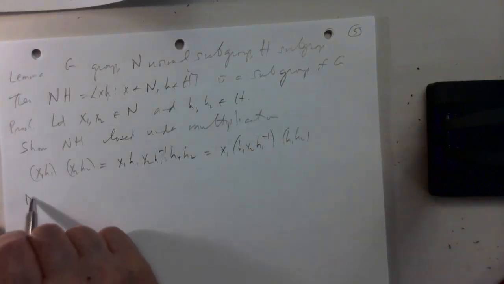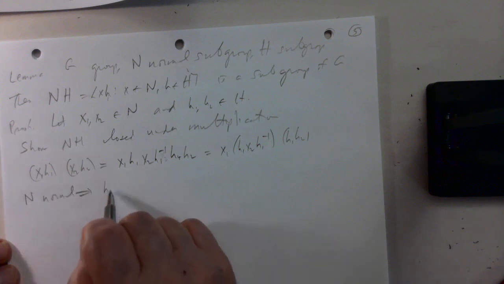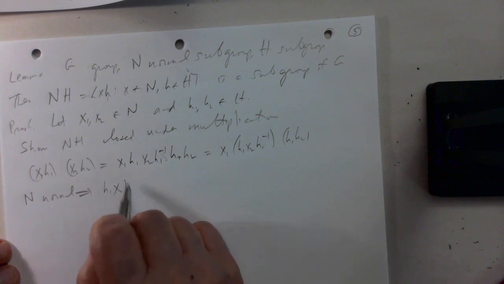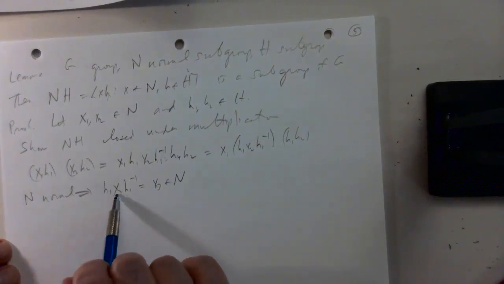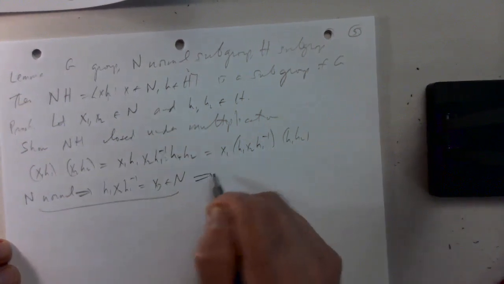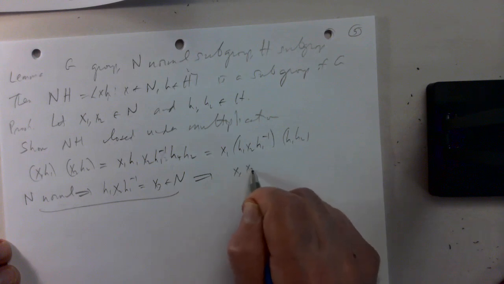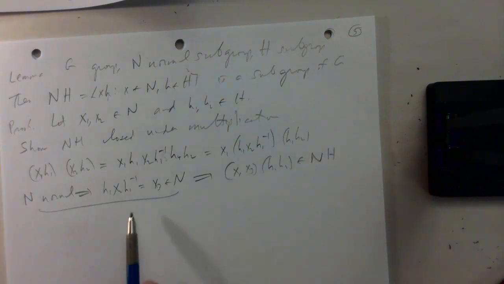Now, N normal implies h1 x2 h1 inverse is equal to some element x3 in N. Then as normal, if you conjugate any element in N, you stay within the subgroup N. So this is equal to x1 x3 times h1 h2, and this is definitely an N times H. So NH is closed under multiplication.